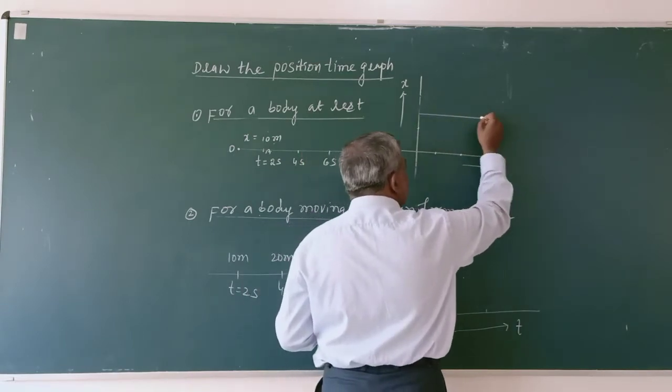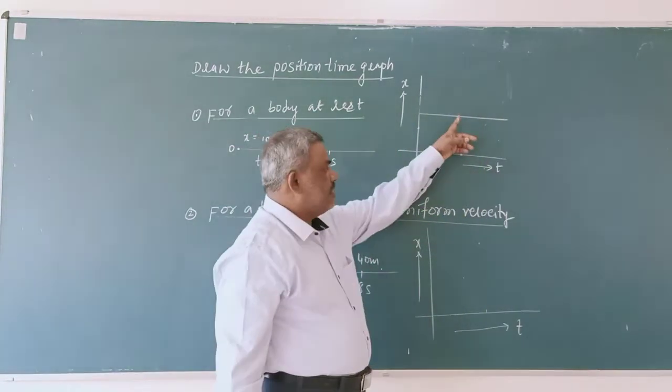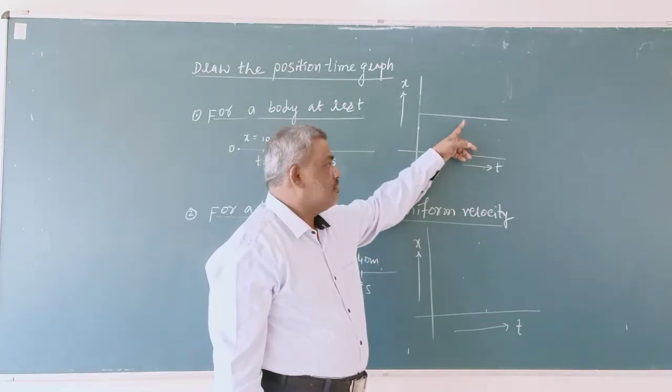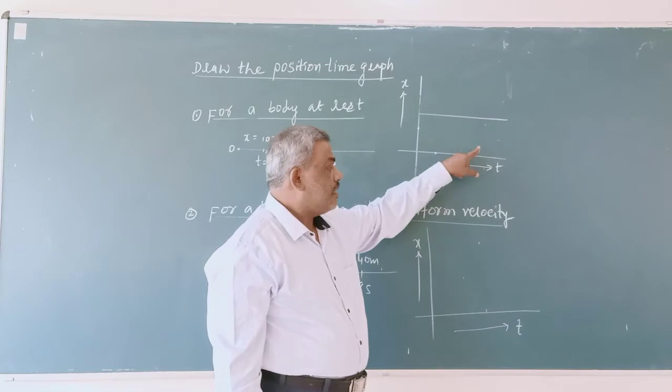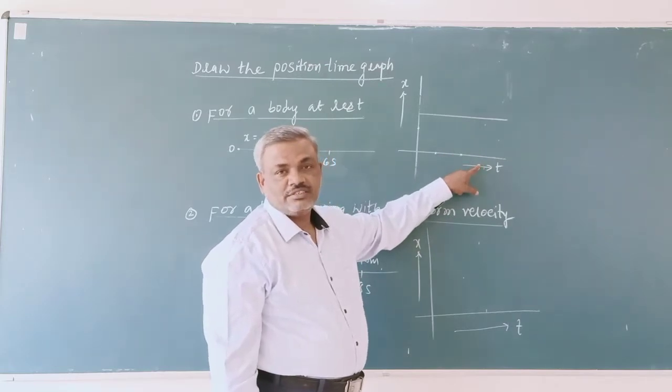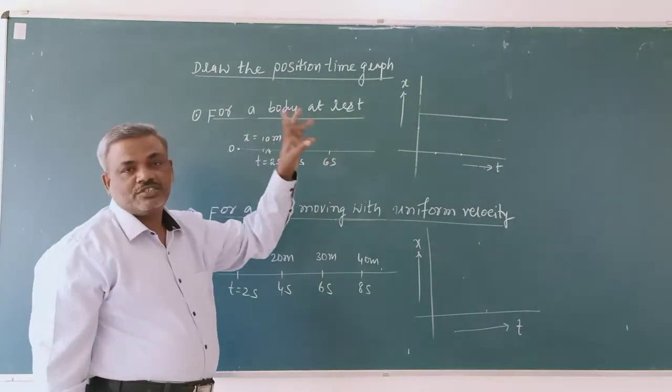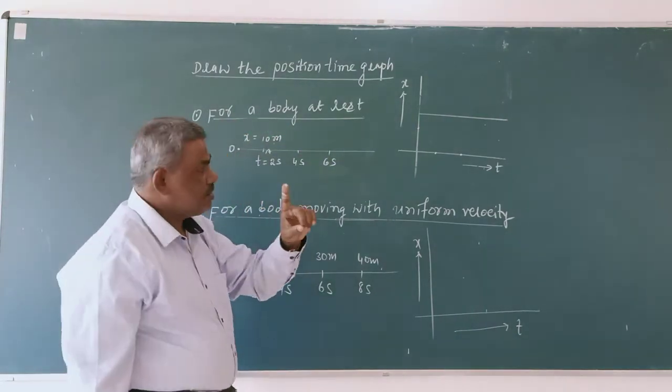This line is parallel to the x-axis, the time axis. So this graph indicates a body at rest. This is the first graph, for 1 mark.